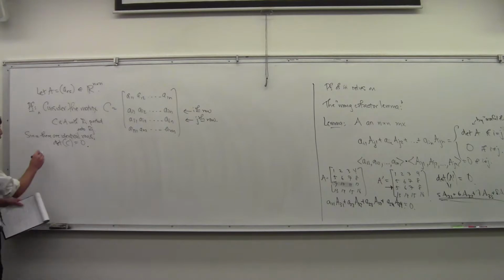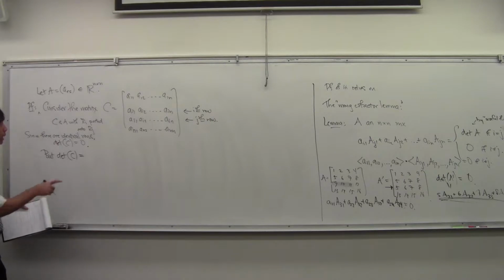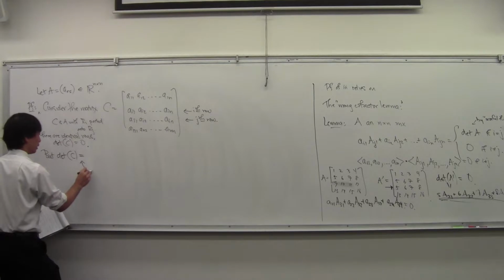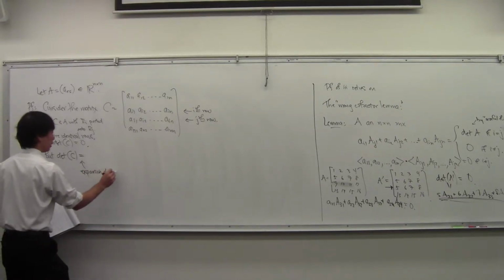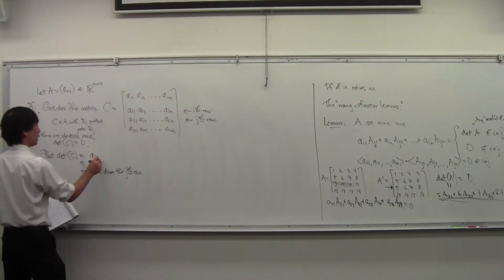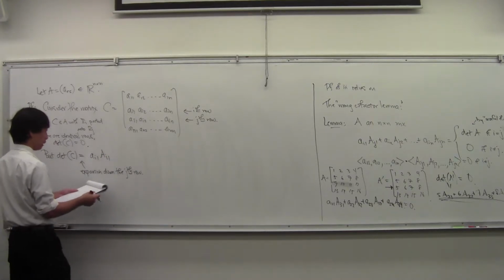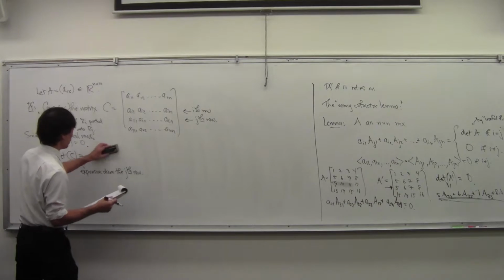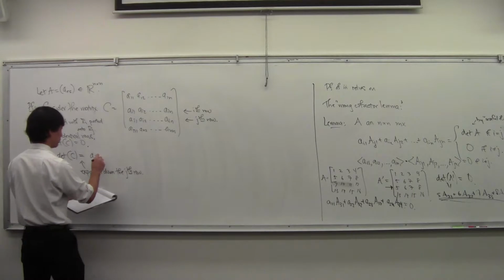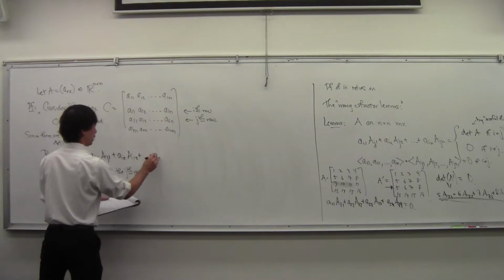But the determinant of C, by expansion down the jth row, is going to be a_i1 times capital A_j1, I'm sorry, capital A_j1, plus a_i2 times capital A_j2, plus a_in times capital A_jn.